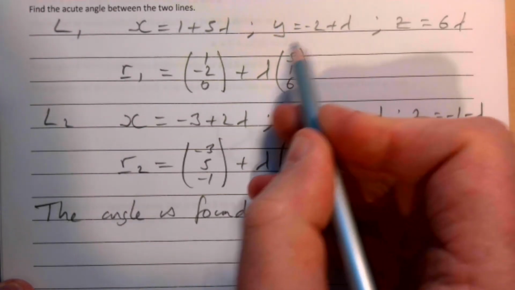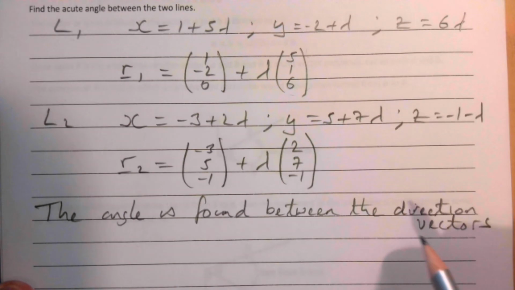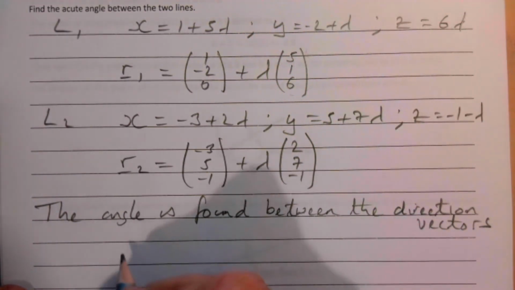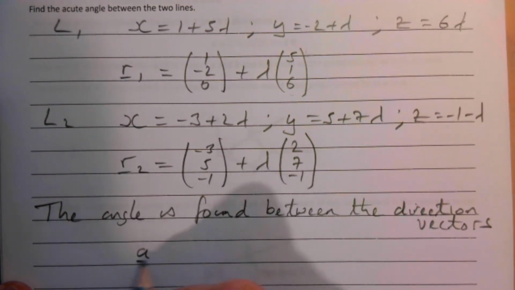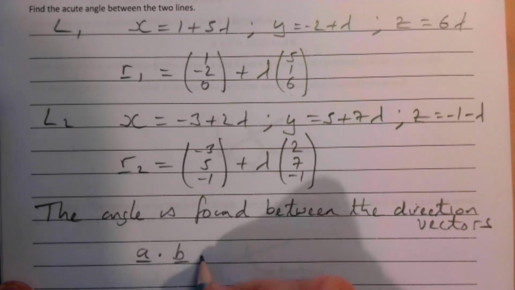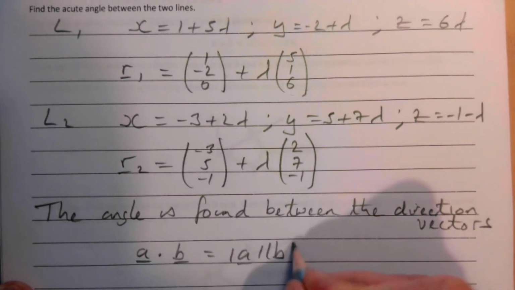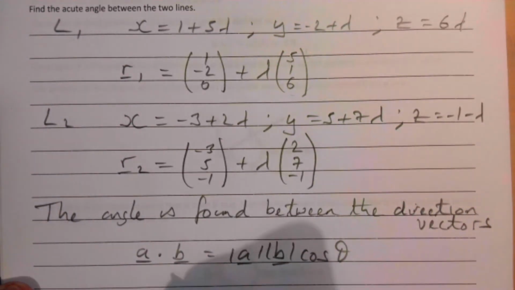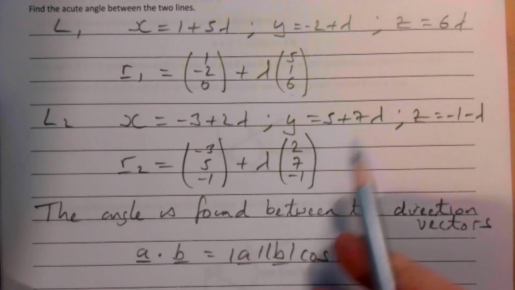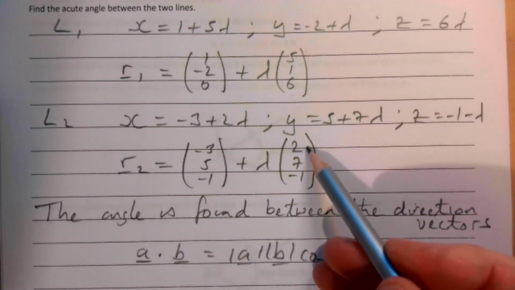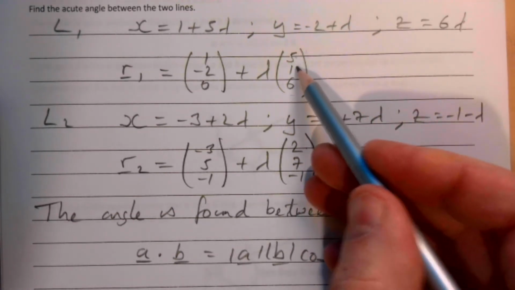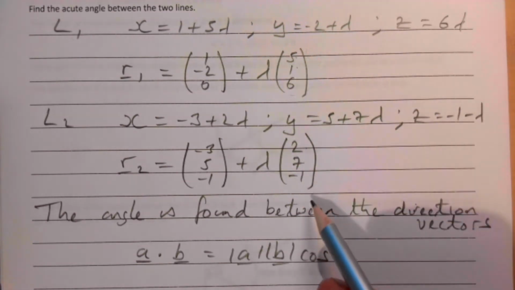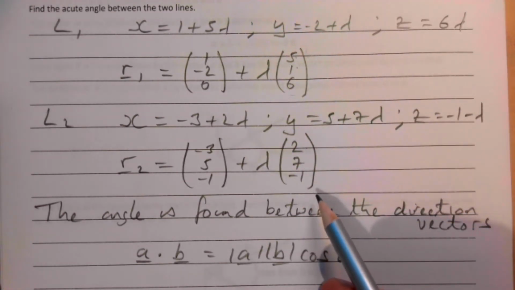So that's going to be the 5, 4, 6 and the 2, 7, minus 1. What's our dot product formula? It's a dot b equals magnitude of a, magnitude of b, cos theta. A dot b, nice straightforward one for us, so we're going to do 10 plus 7 minus 6.